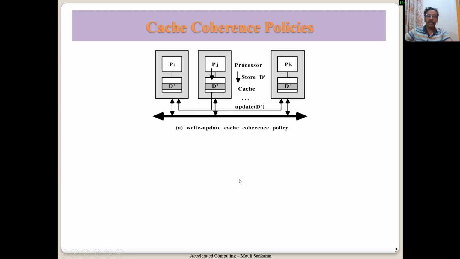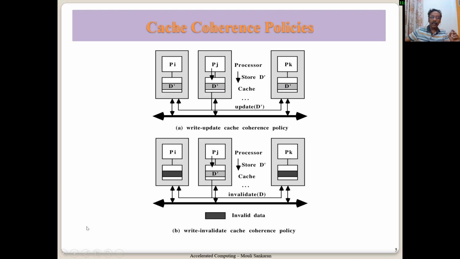And if it is a write back policy, then later on you will reflect it in the main memory, but you are making every copy of the same data have the same value. As soon as one processor is changing the value, the same copy, if it is available on some other processor, you change it there also. So this is called write update policy. In this way, we are making it coherent. And then later on, when the particular block is getting evicted, it may be written into the main memory. Doesn't matter. But now all the cores which are having the same data are seeing the same value.